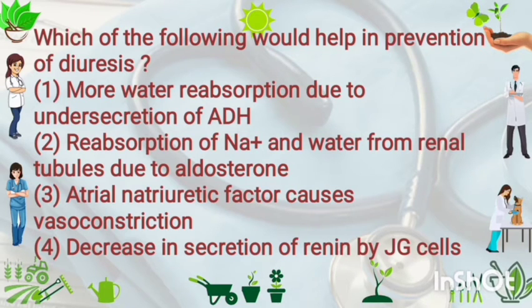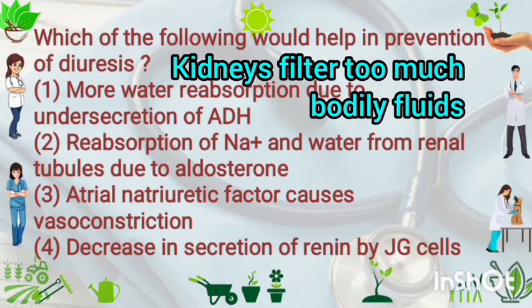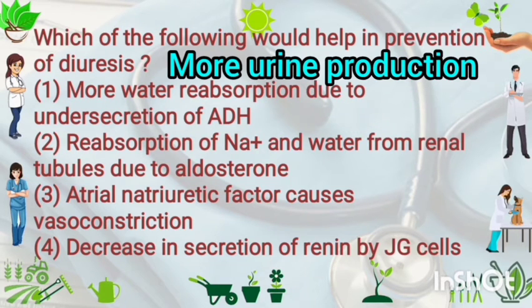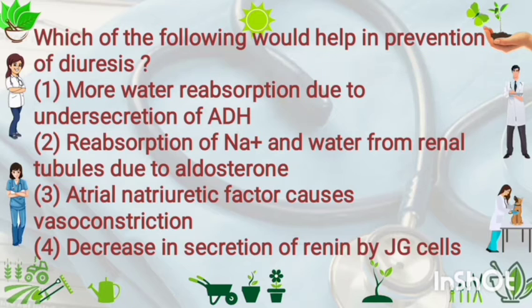What is diuresis? Diuresis is a condition in which the kidneys filter too much body fluid, so that increases the production of more urine. The answer is reabsorption of sodium ions and water from renal tubules due to aldosterone. All the other options are incorrect.